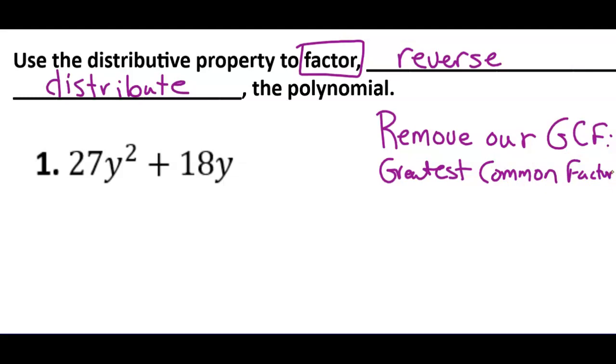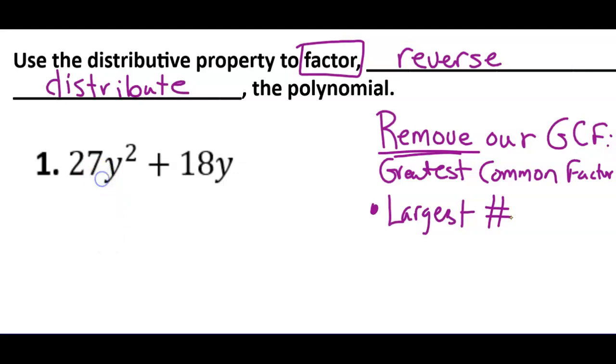Okay? So the greatest common factor is found in this by 2 things. You're going to look for the largest number that both these numbers have in common, to remove.